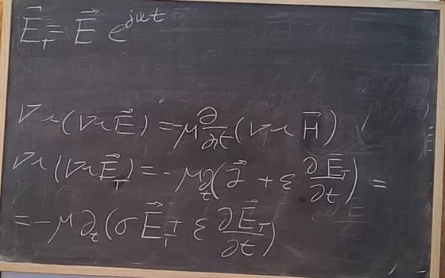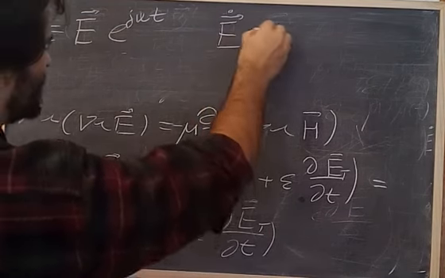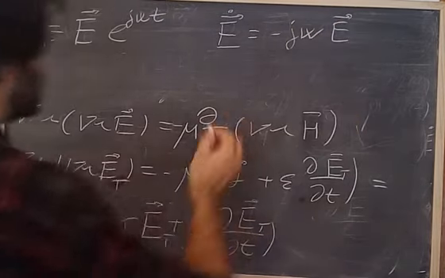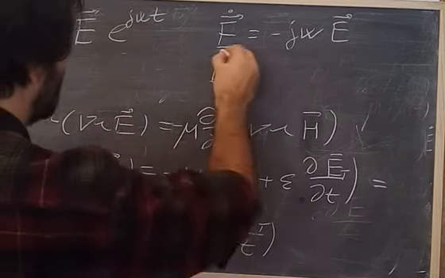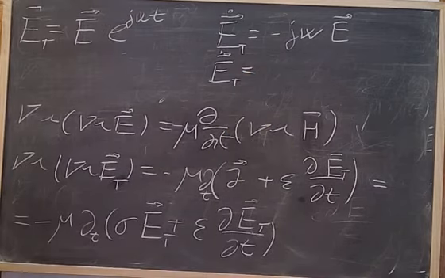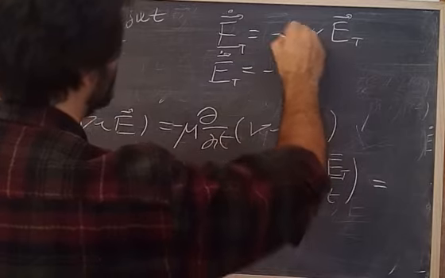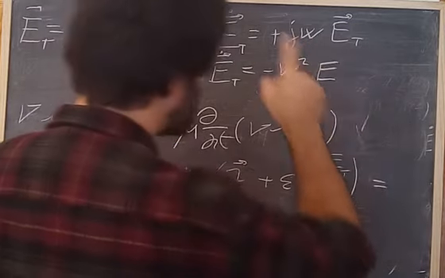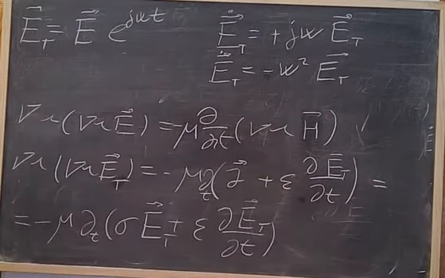Okay, with this, the first derivative in time of this equation is minus j omega times the electric field amplitude, and the second derivative is equal to minus omega squared, sorry, this is plus because it was positive, j squared is minus this expression. This is the second derivative, right?